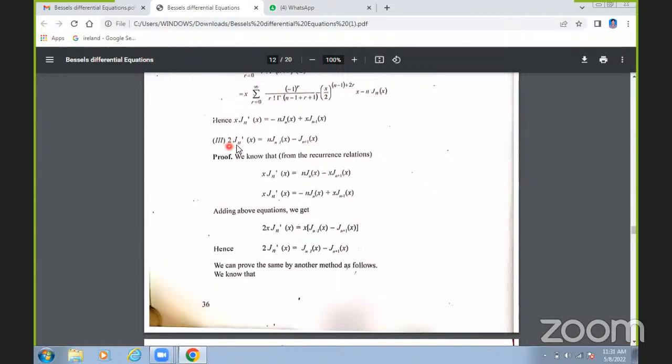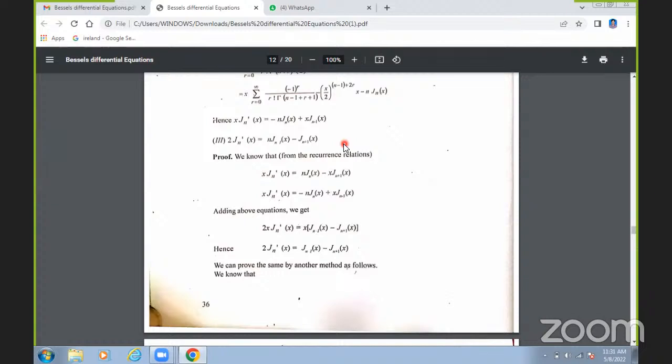This is 2J dash n of x is equal to Jn minus 1 of x minus Jn plus 1 of x. That is the third recurrence relation which we have to prove here.